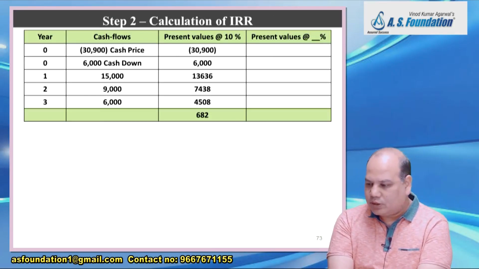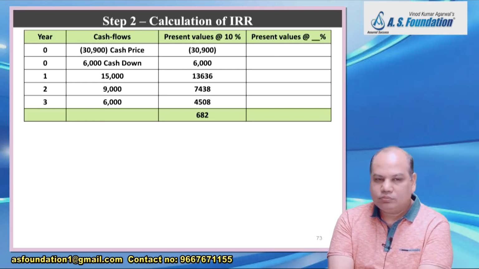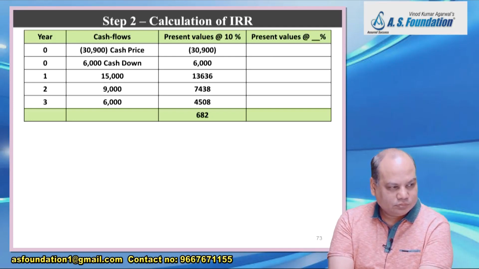What is the NPV you are getting at 10%? Anybody 682? 682 is the right answer. Check the individual figures from the screen. And now, since it is a positive number, I can take a higher rate also.